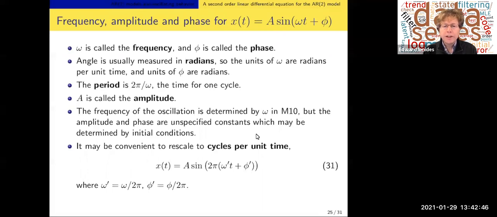It's often convenient to rescale to cycles per unit time, in which case we put an extra factor of 2 pi in there, and then we have to rescale the frequency and the phase to be in frequency per unit time.